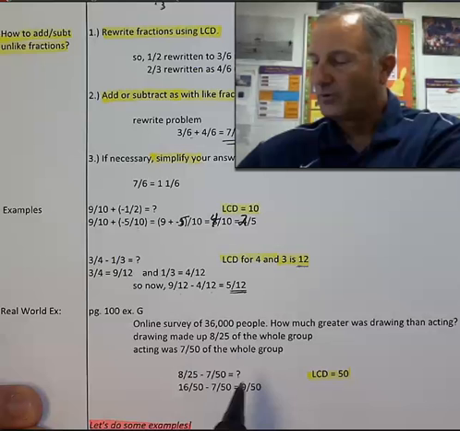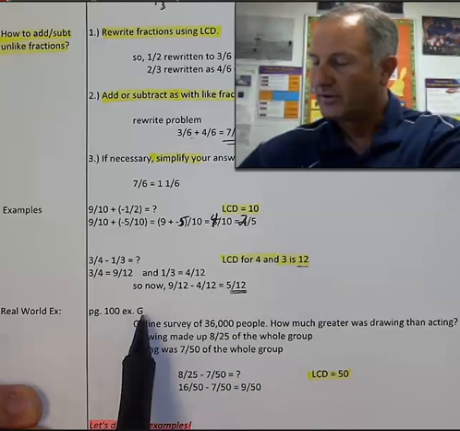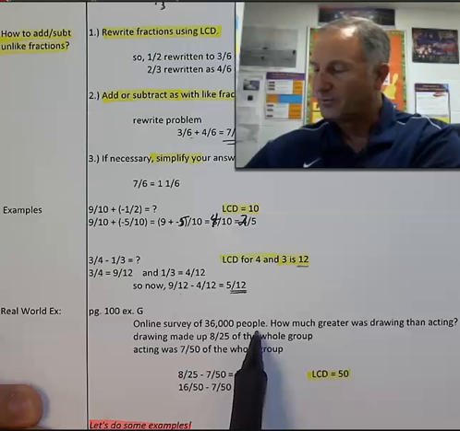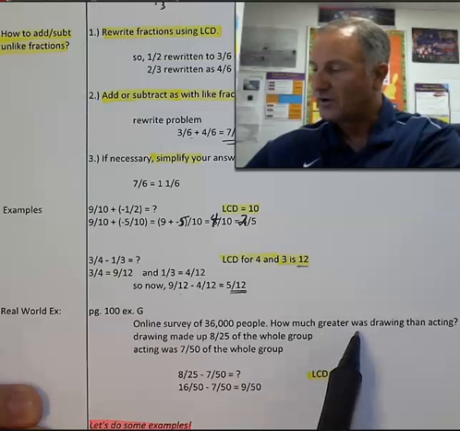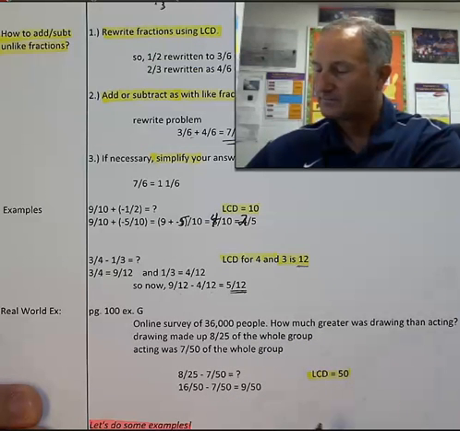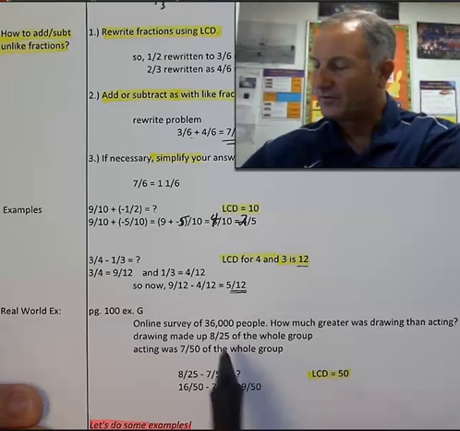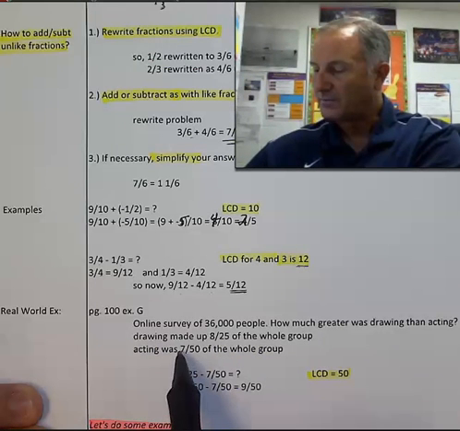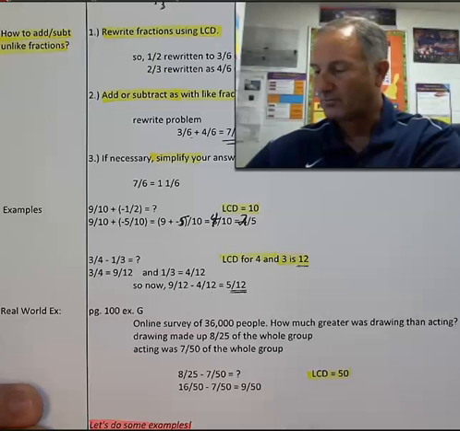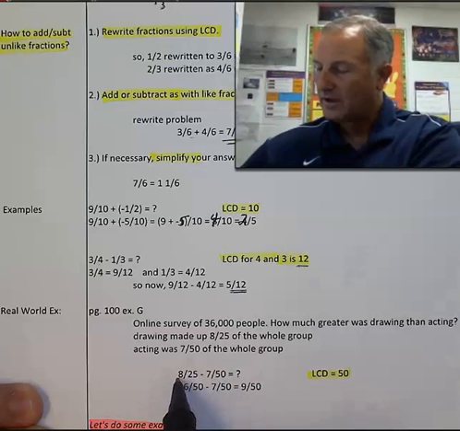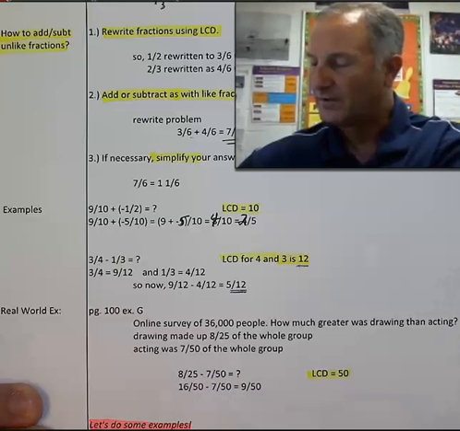Let's look at a real-world example. This is from page 100, example G. An online survey of 36,000 people. How much greater was drawing than acting? It said drawing made up 8/25ths of the whole group. Acting made up 7/50ths of the whole group. The difference here is 8/25ths minus 7/50ths.